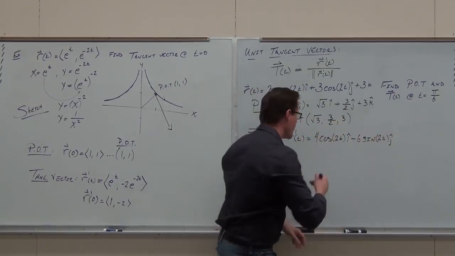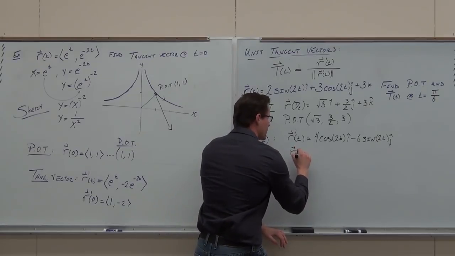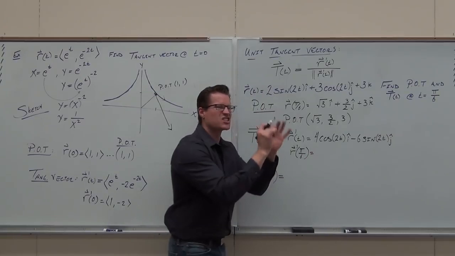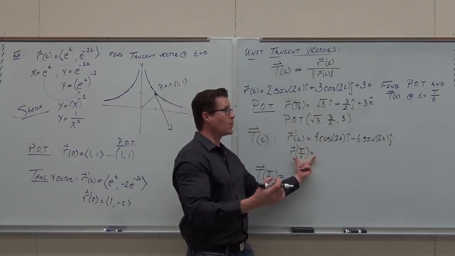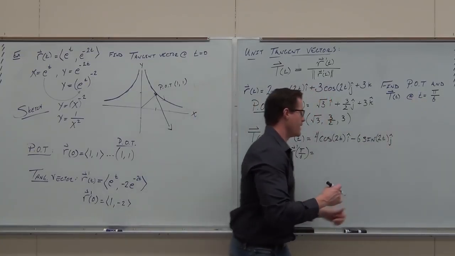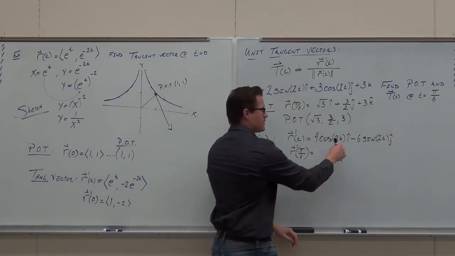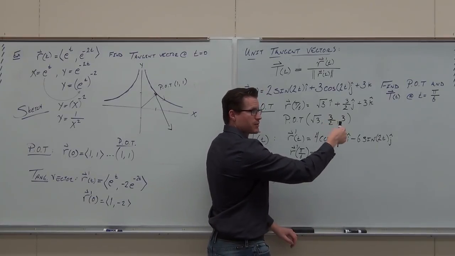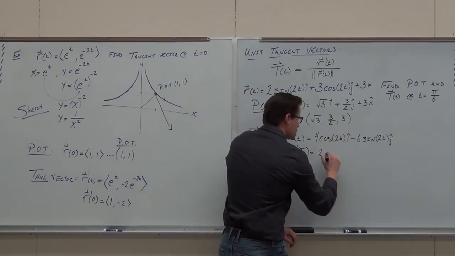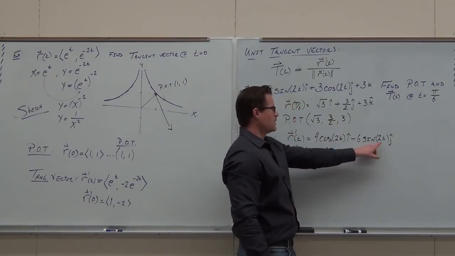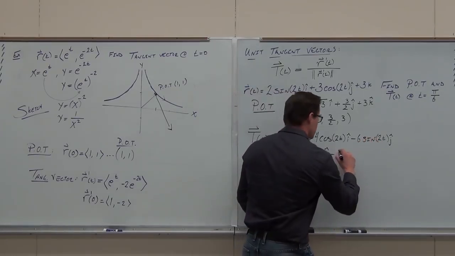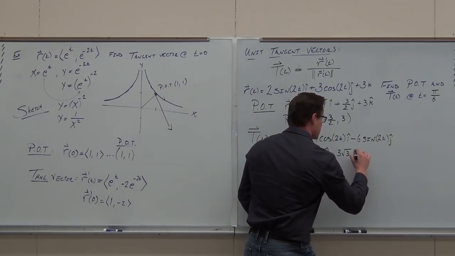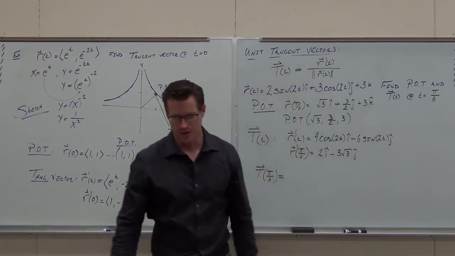If you have that specific value, then you go, okay, what's the specific tangent vector? I know my point of tangency. The specific tangent vector would be the tangent vector at that value. Plug in pi over 6. Pi over 6 times 2 is pi over 3, cosine pi over 3 is 1/2, so this would be 2i. Then sine of pi over 3 is root 3 over 2, so minus 3 root 3 j. If I've done my math right, but I need to double check.